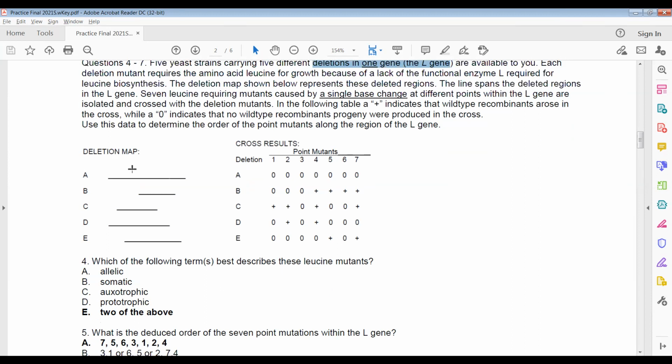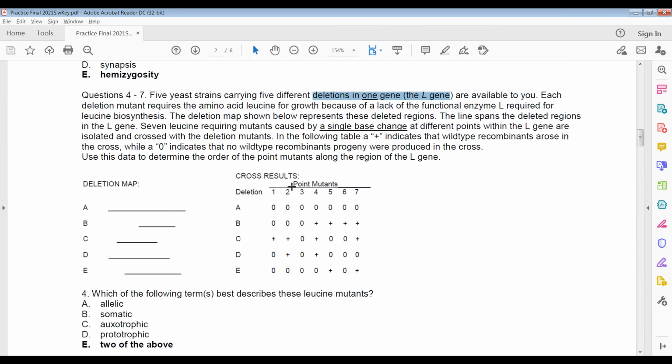Then we also have 7 point mutations, single base mutant lines. So this single base mutation also occurs within the same gene, the L gene. So this is the problem.